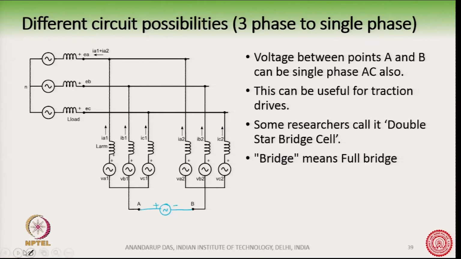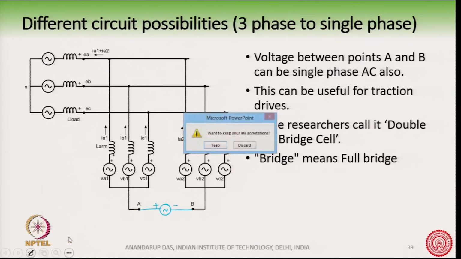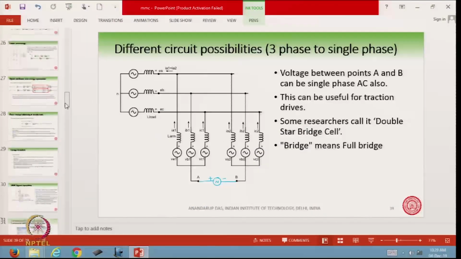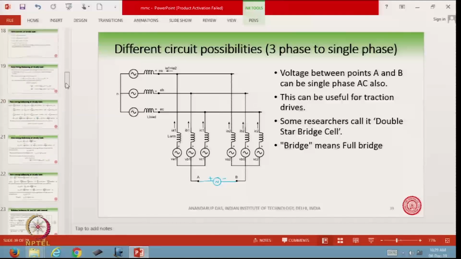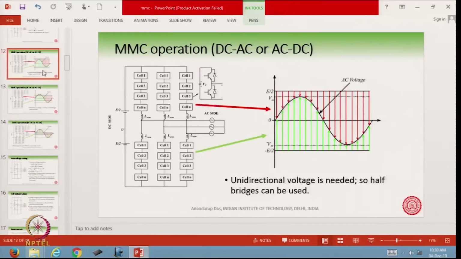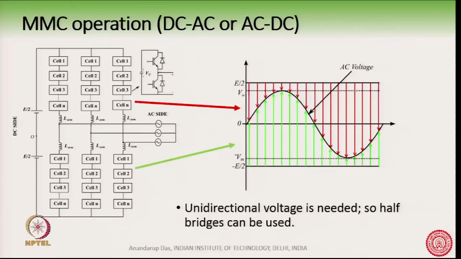In order to understand the operation, you see this slide. Here we said that there was a DC here and a minus DC here, and the AC was inside.